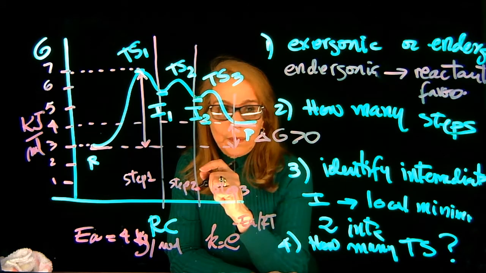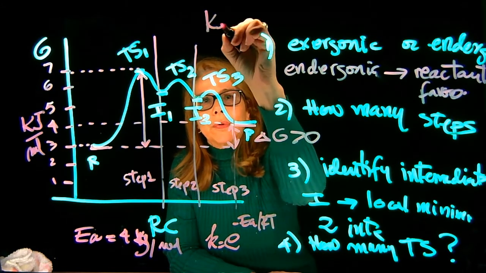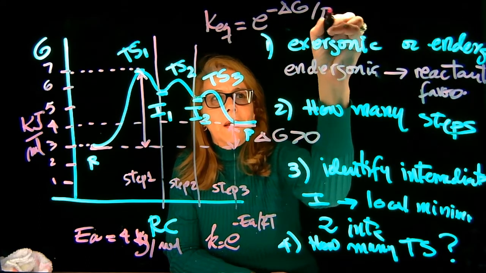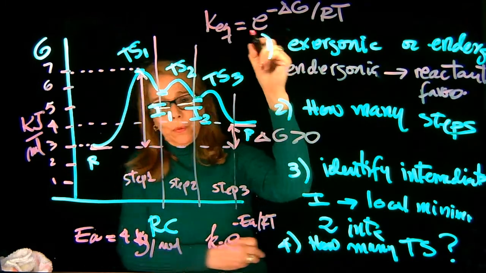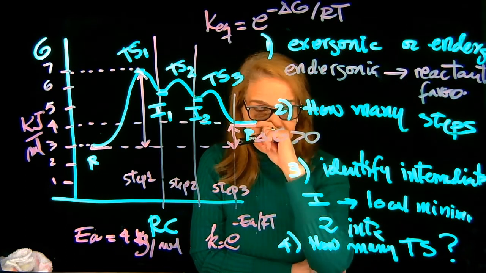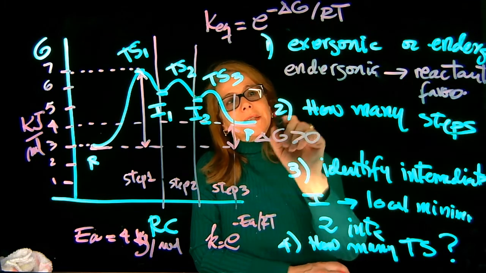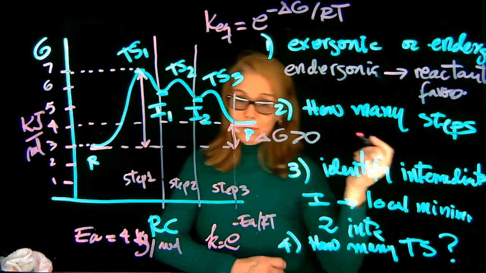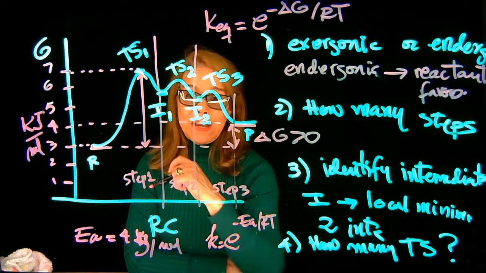And you will also be able to calculate from this difference the equilibrium constant. Also notice, as we said in a previous video in the analysis of thermodynamics, if delta G is a positive number, the equilibrium constant is small, smaller than 1. So that also says the reaction is reactant favored.